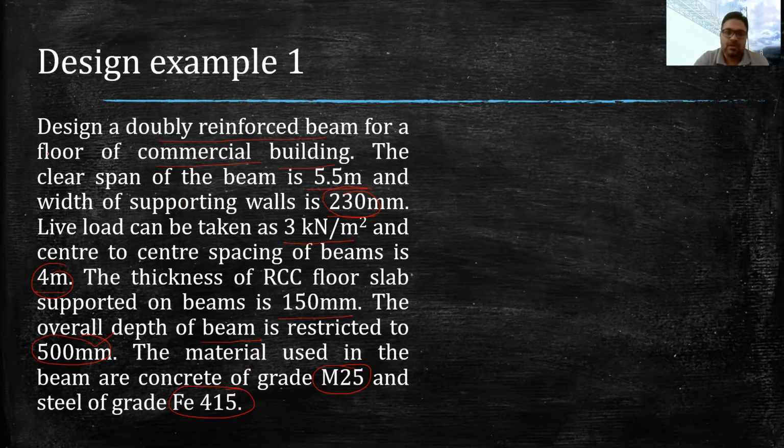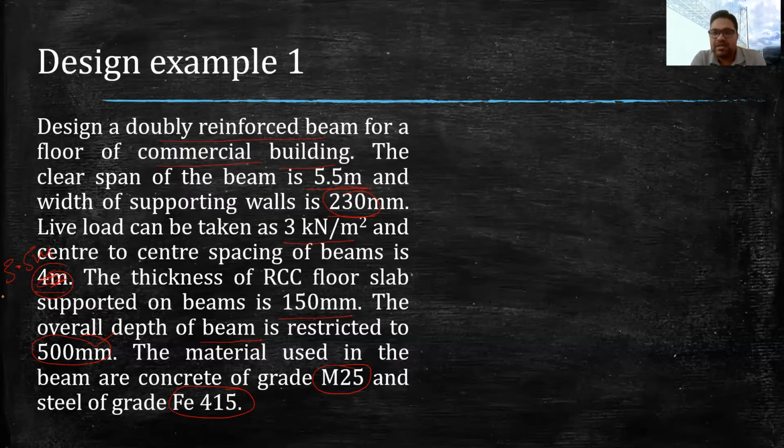So basically, it says that there is a commercial building, and in the commercial building, there are beams which are equally spaced by 4 meter. This is 3.5 meter. Actually, it is not 4 meter. This is 3.5 meter.